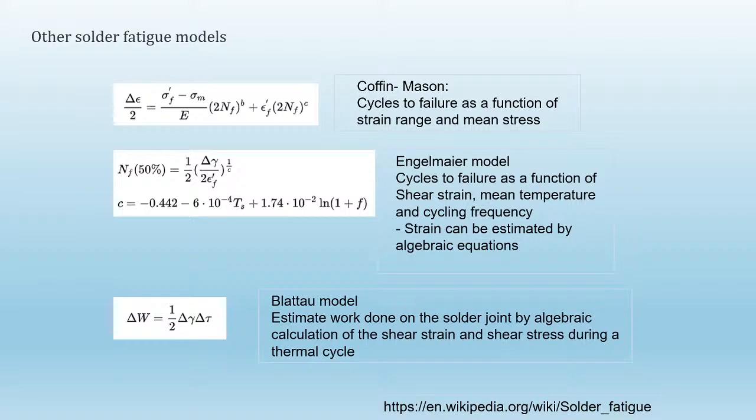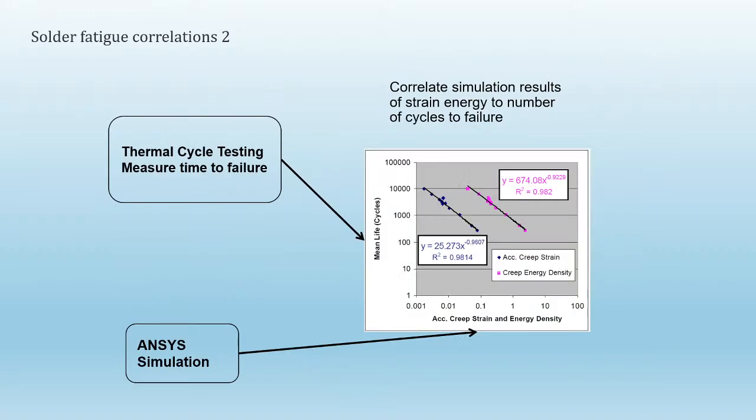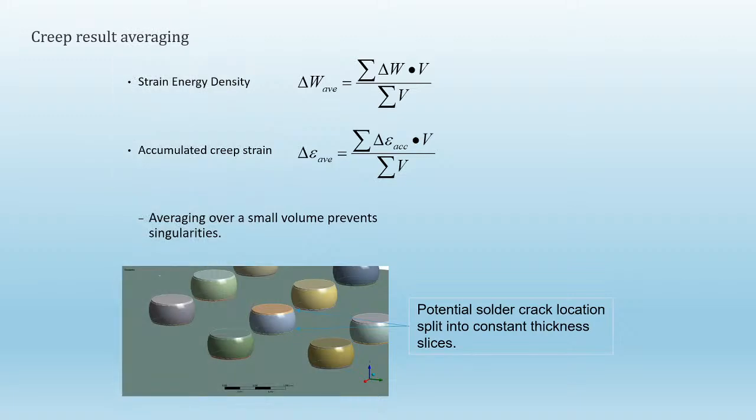So models like the Engelmeyer and Plateau model, which is available in Sherlock, allow us to look at the whole board and quickly evaluate the reliability of all the solder joints on things like capacitors and resistors of different sizes, QFN, and other leadless devices. We want to save this type of detailed modeling for CPUs and BGAs that are very crucial.